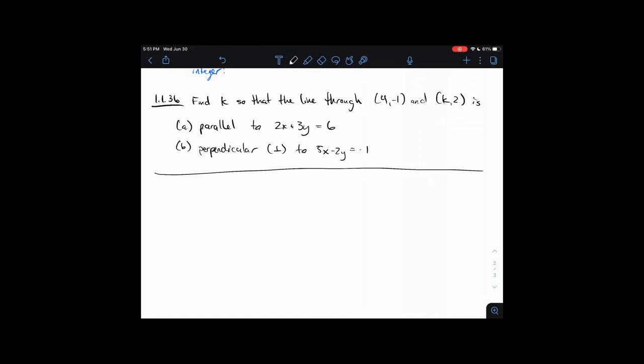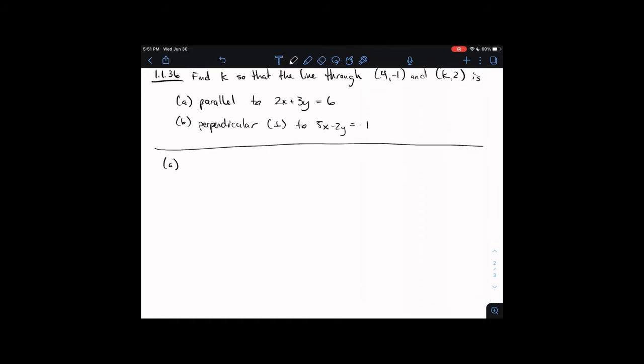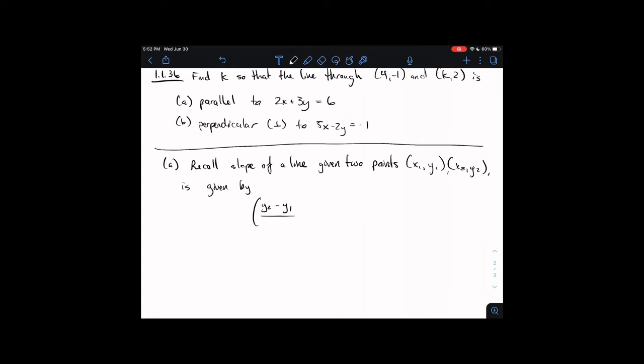So we're going to use that formula and set it equal to the slope we get from part A, and then set it equal to the negative reciprocal of the slope we get from part B. Okay, so part A. Let's recall the slope of a line given 2 points, x1, y1 and x2, y2, is given by the rise, the amount we go in the y direction, over the run, the amount we go in the x direction. Some people like to think about this as rise over run.